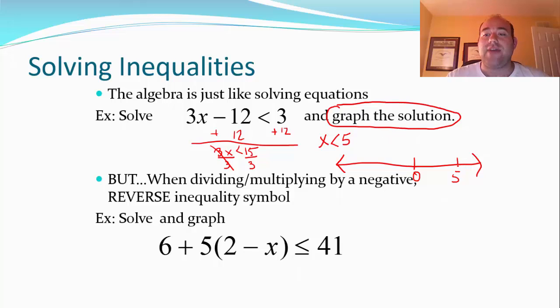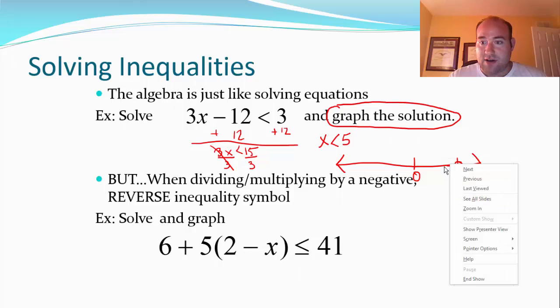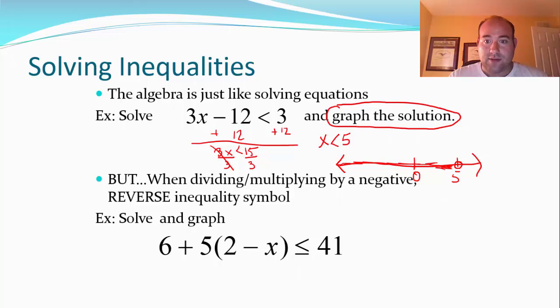Reminder, we're going to do an open circle around the 5 because that shows our reader we're talking less than 5 strictly and not equal to 5. And then we're going to shade all the way across all the numbers less than 5, including the left arrow, which tells us we keep going on and on, even though we cut off the number line there.